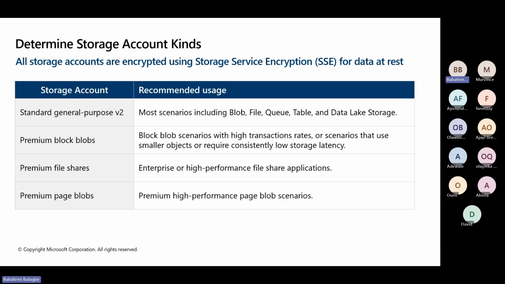This is what they will be using to store all their videos. They will be using the premium blobs, just because of the high transaction rate when a user is trying to get the video. You want to make sure that speed is in place when it comes to this kind of thing.